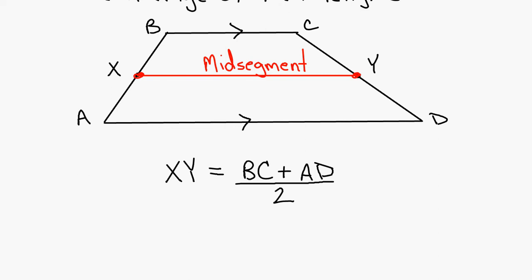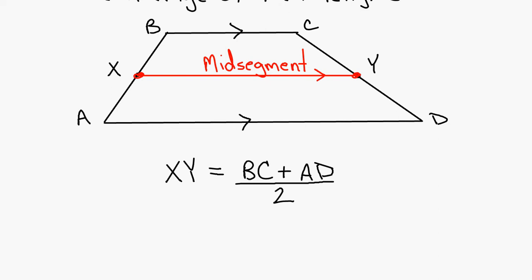So if you take base 1, add it to base 2, and divide that by 2, it's going to give you the length of the mid segment. And that mid segment is also parallel to the two bases. Simple enough?